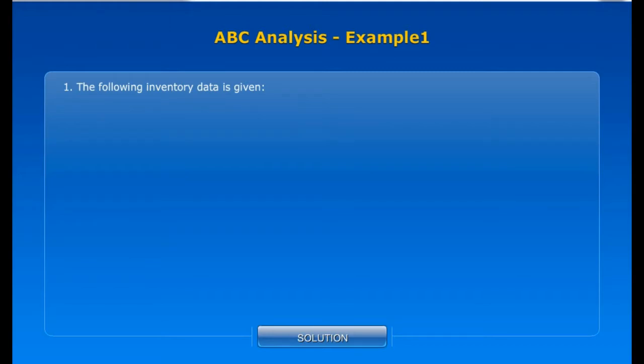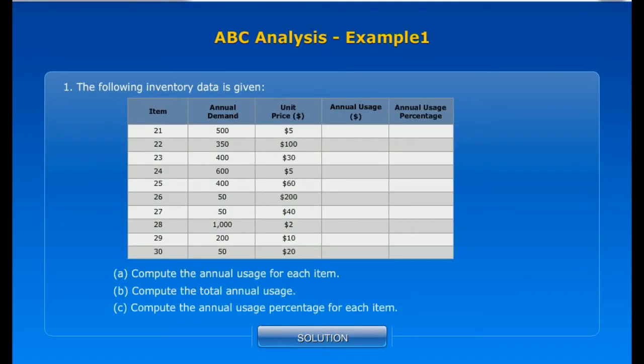ABC analysis, Example 1. The following inventory data is given. Compute the annual usage for each item. Compute the total annual usage. Compute the annual usage percentage for each item.